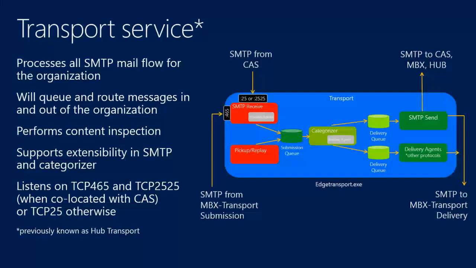So we are routing through CAS for the ultimate endpoint destination if that message is leaving the organization. That message could be sent to another transport service within the organization. Or it could be sent to a third-party SMTP stack if you're having mail go somewhere else into the organization or outside the organization. All this is still wrapped within the same executable that we shipped in the last two releases, the EdgeTransport.exe executable. So nothing here has really changed other than the removal of store driver.